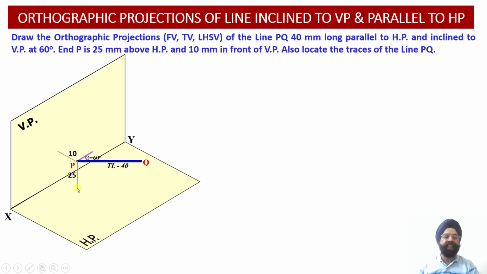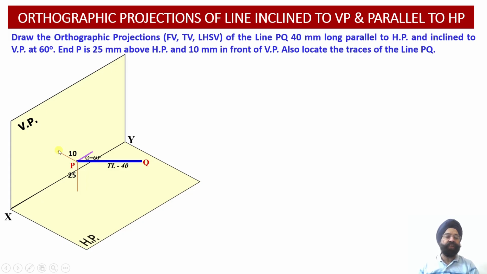That is, this distance is 25 millimeter above the horizontal plane, and the location of point P can be obtained in the space once we mark the distance of this point P from the vertical plane as well. So this distance happens to be 10 millimeter over here.